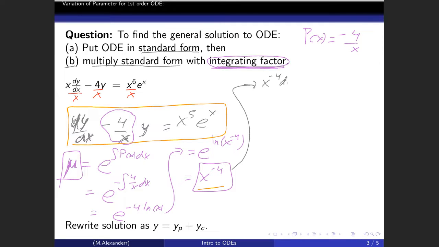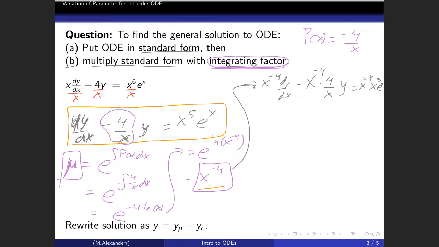So dy dx minus x to the -4 multiplied by 4 over x y is equal to x to the -4 times x to the 5th e to the x. It's a little crowded in there, so I'll try to make this a bit clearer.